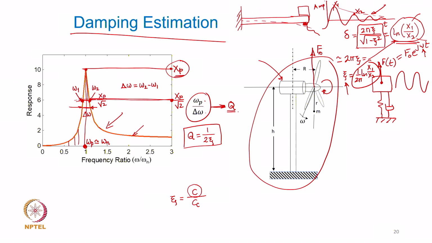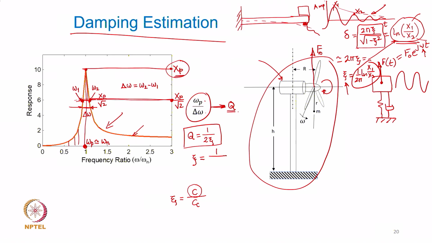But in lieu of that, what you can do in this case is operate this turbine or this particular structure at different rotational speeds and get this kind of a plot. If you get the plot properly and accurately measured, it is possible to get an estimate of the damping ratio using the concept of quality factor.